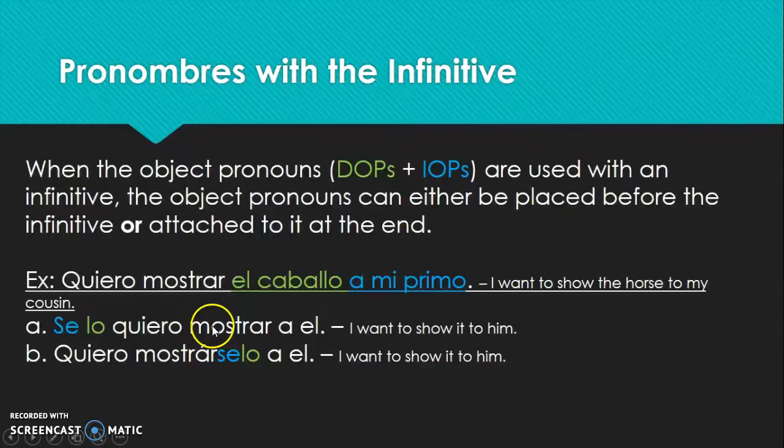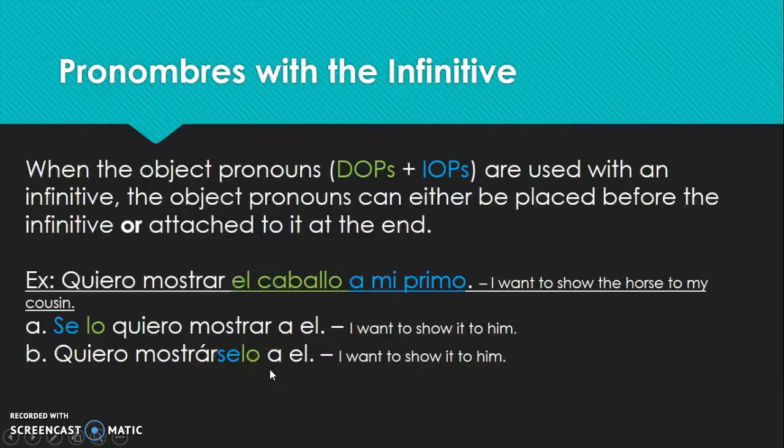If you have a verb in the infinitive tense, you can attach these lovely pronouns to the end of your verb, but only if it's in the infinitive. So look right here, mostrar is in the infinitive, quiero is not, right? So you have to attach these to here. So what does that look like? Quiero mostrárselo a él. I want, and look, now it's in order. I want to show it, well, sort of. I want to show it to him, referring to the cousin.